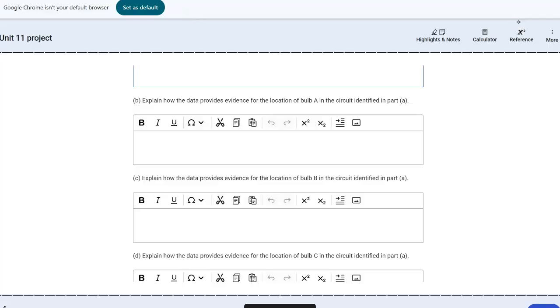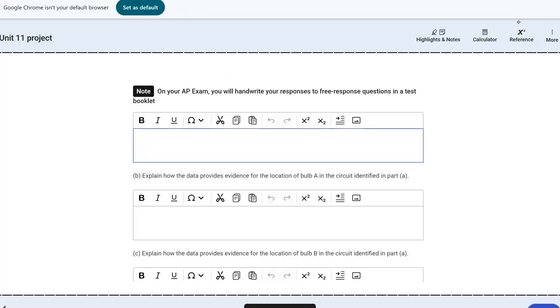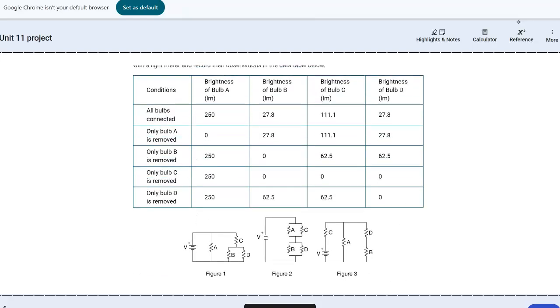Explain how the data provides evidence for the location of bulb B. Well, this is similar. When you remove bulb B, your brightness of bulb B will go to 0, of course. And when you remove bulb B, C and D will both become dimmer, but will not go out.